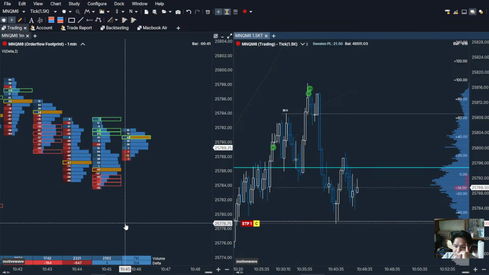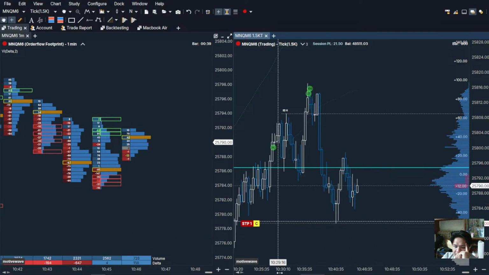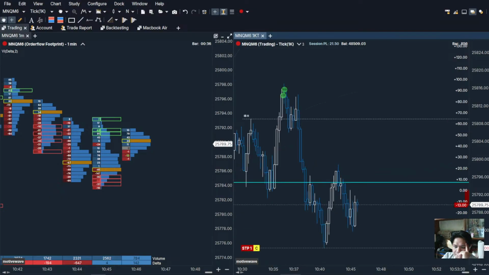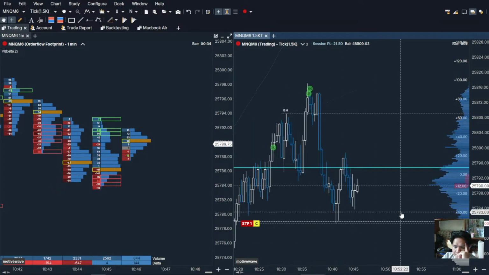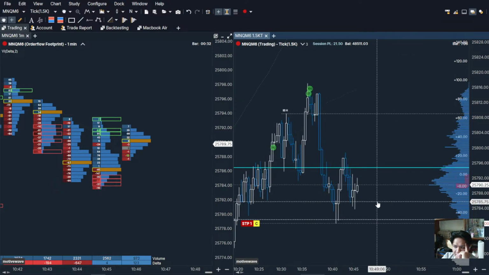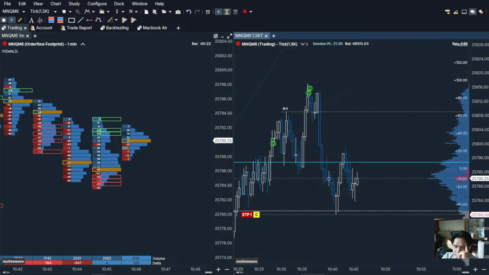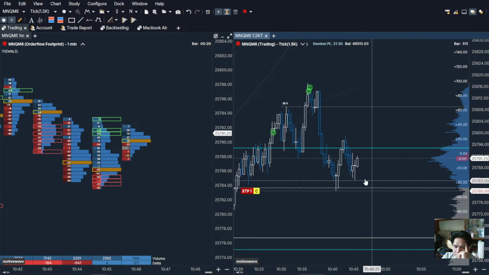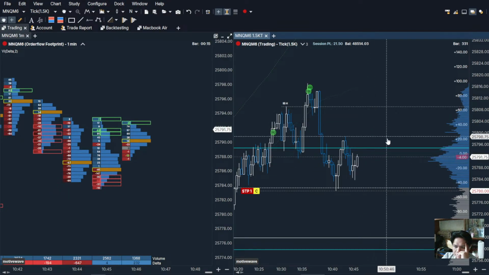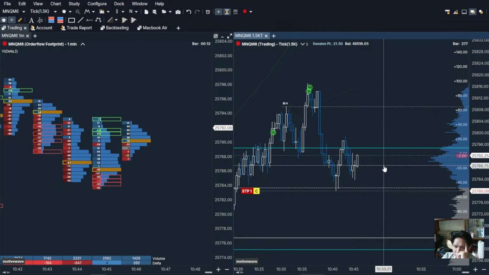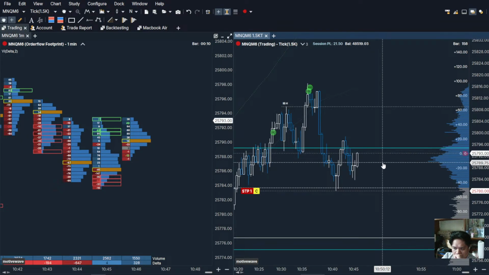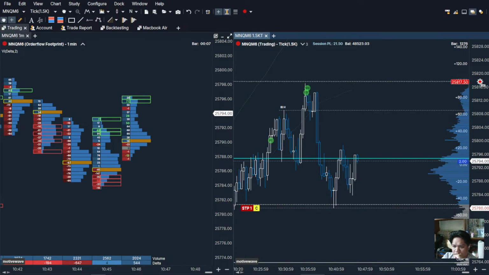You want to be able to push above. See if we can get a bias here. Okay, push above here. Can hold it. See if we can get up to 100.